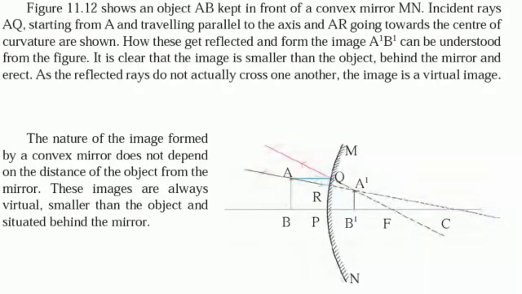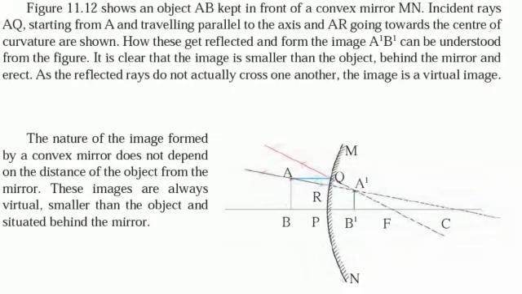So here the image is smaller than the object, and the position of the image is behind the mirror, and it is erect, as the reflected rays do not actually cross one another. Therefore this image is called a virtual image. So they are not meeting. Since they are not meeting, such kind of image is called a virtual image.